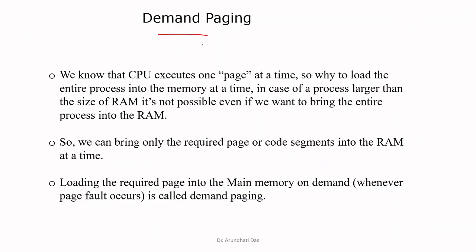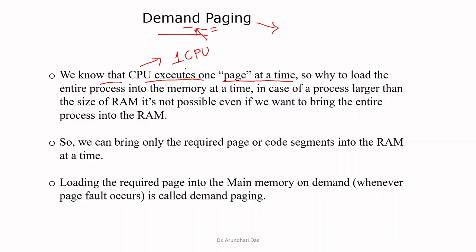Then the next concept is demand paging. From the name itself, what you can perceive is that some kind of paging is done on demand. We know that the CPU executes one page at a time, and all this time I'm assuming that there is only one CPU, or only one core in the CPU.